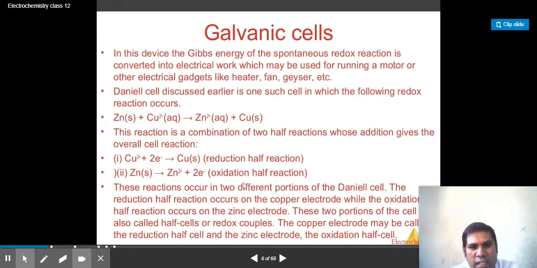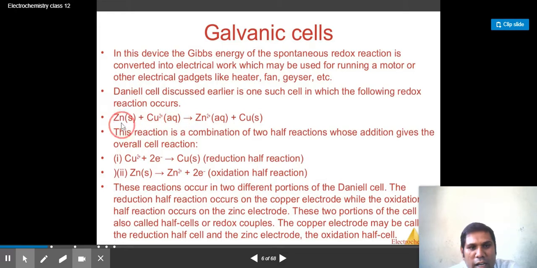Here we will see the oxidation half reaction, that is the reaction occurring on the left hand side part. Here zinc gets oxidized to Zn2+ plus 2 electrons, and these two electrons are received on the right hand side part by the copper ions in the copper sulfate solution forming copper, that is the reduction half reaction.